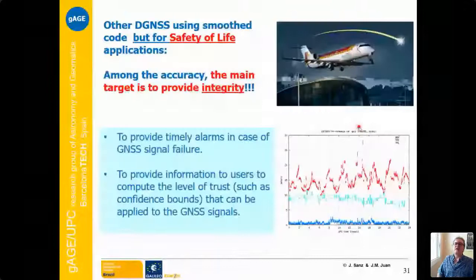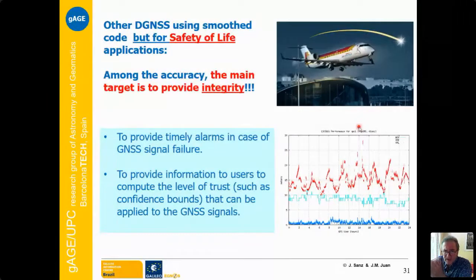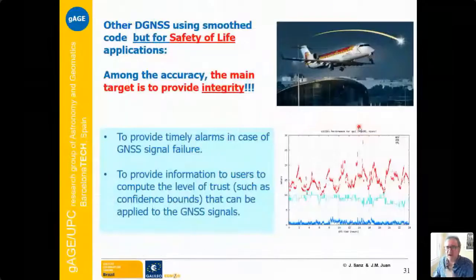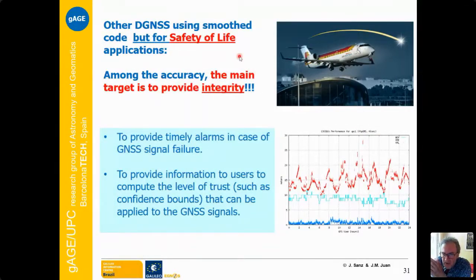But here, this augmentation system, this differential positioning, also uses smoothed code as in the previous case, but here the main target is not to improve accuracy, but to provide integrity.